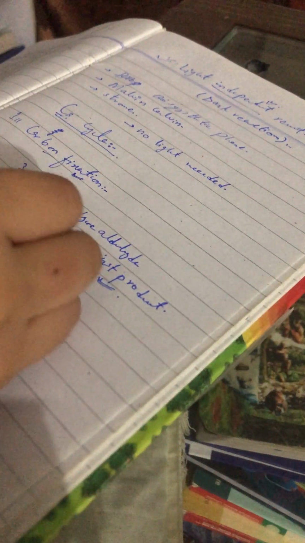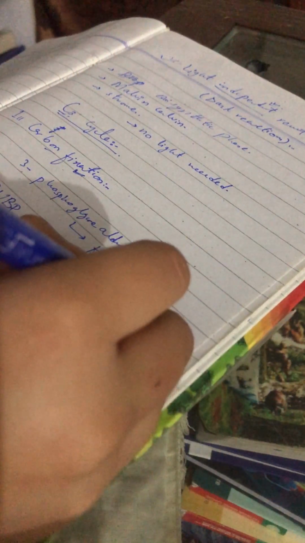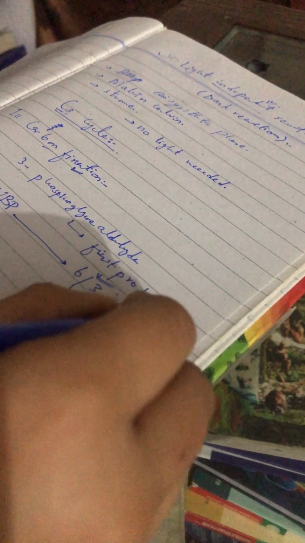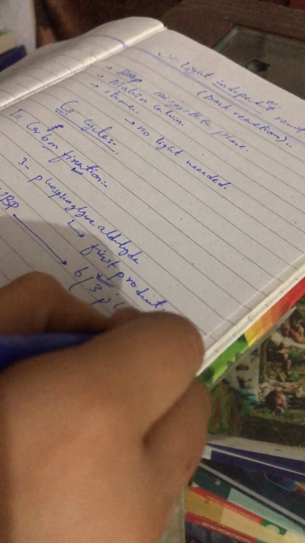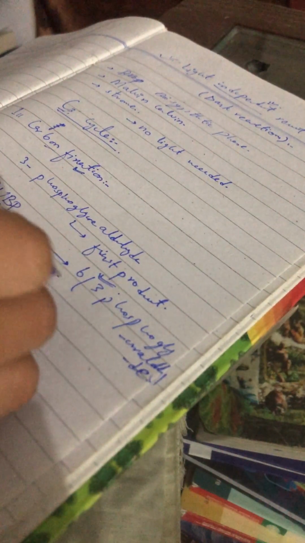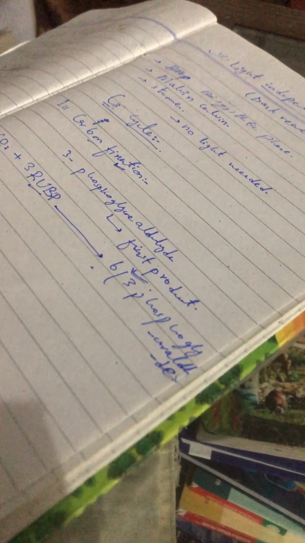After this, we will get phosphoglyceraldehyde. So when we add 3CO2 and 3 RuBP, we will get 6 molecules of 3-phosphoglyceraldehyde. Now we will see how we get this.